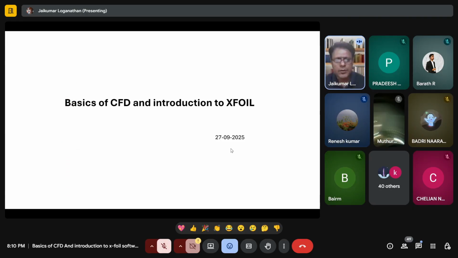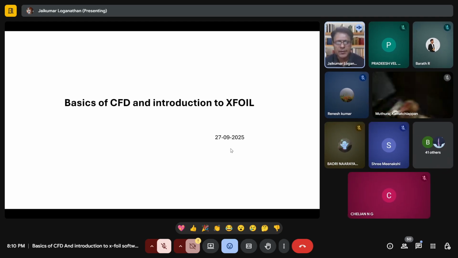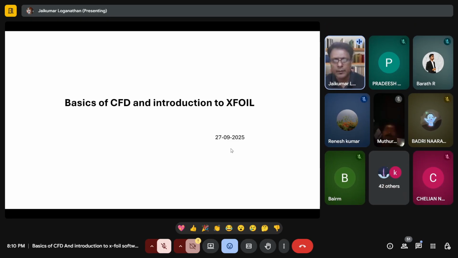So this week we are going to talk about basics of CFD, and we are going to start using a software called XFOIL, which is used widely by people working on airfoil design and blade design. So this lecture falls nicely as a next step to what Anand covered in the last lecture.